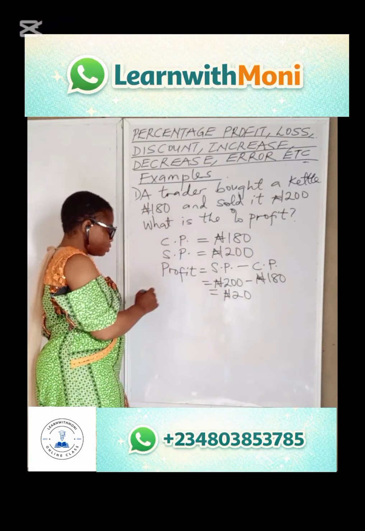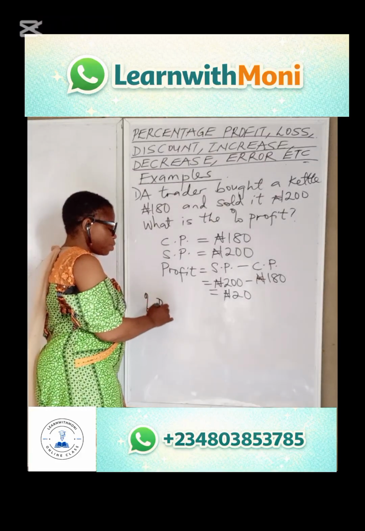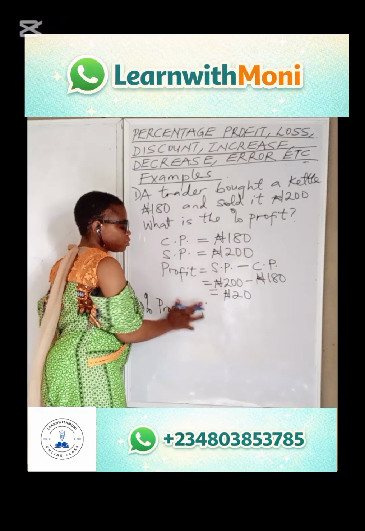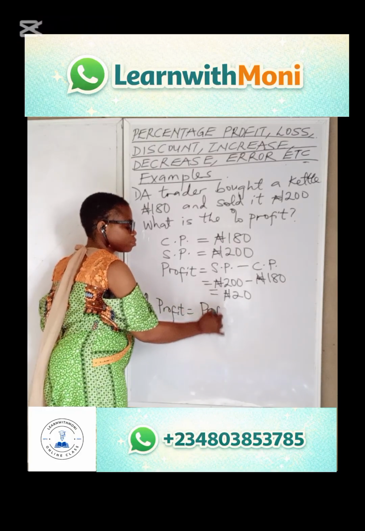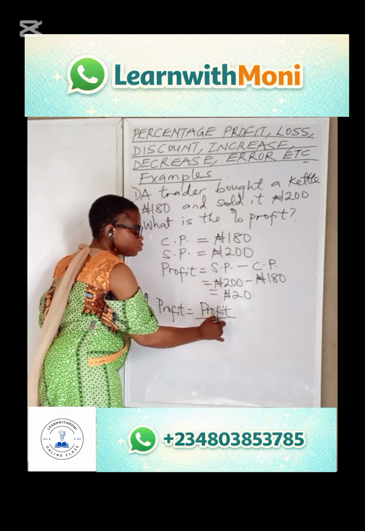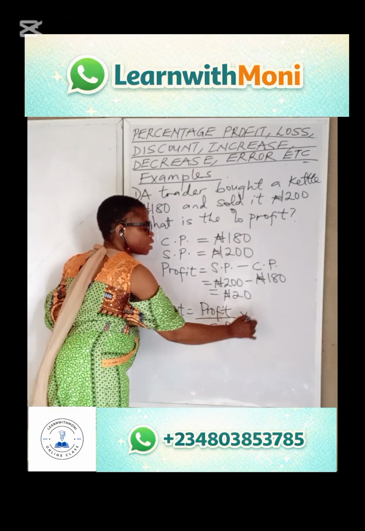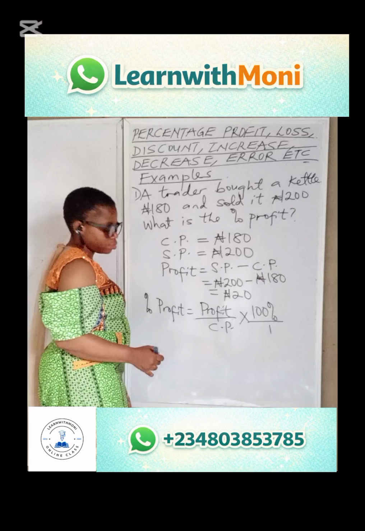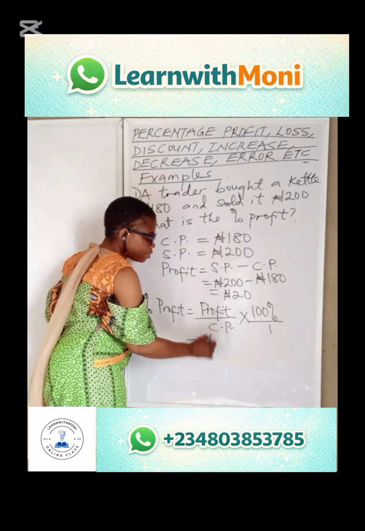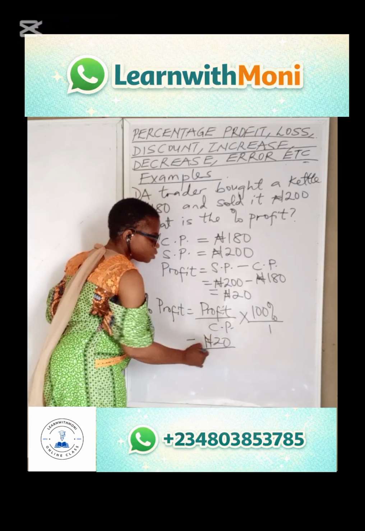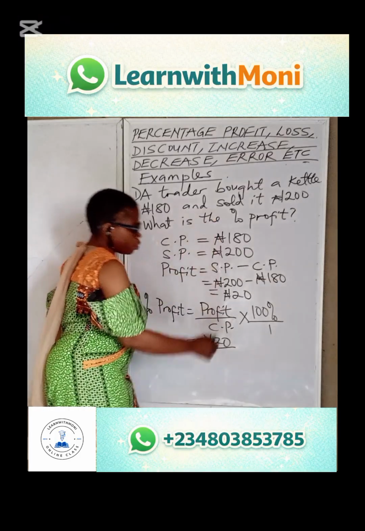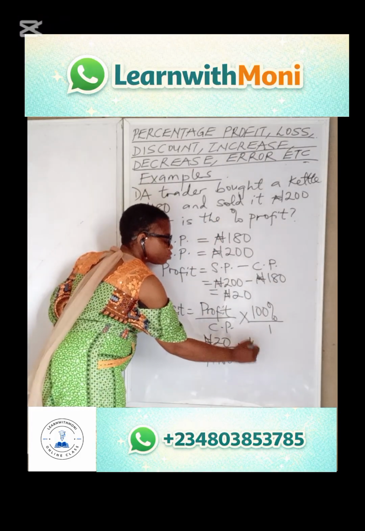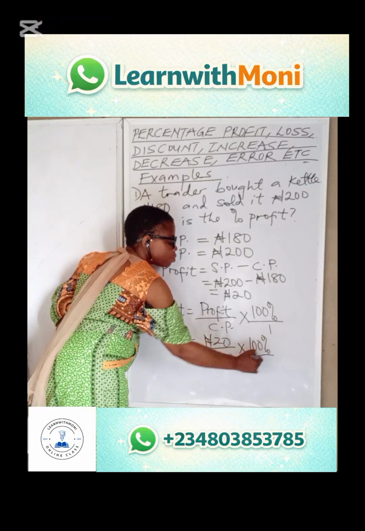Now looking for the percentage profit. The percentage profit is the actual profit over the cost price times 100% over 1, and that is 20 naira, which is the actual profit, over the cost price, which is 180 naira, times 100% over 1.